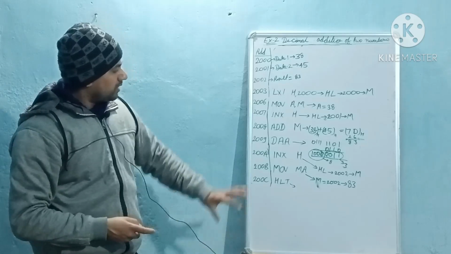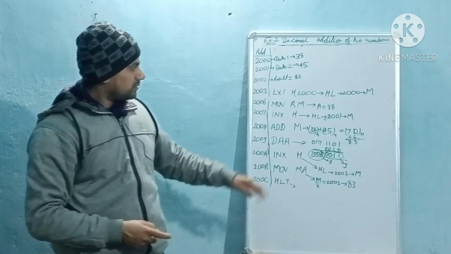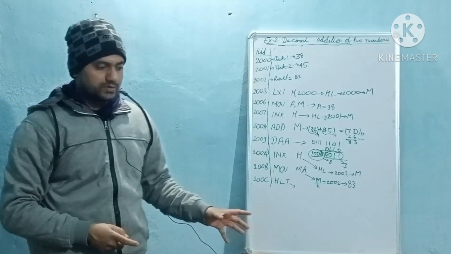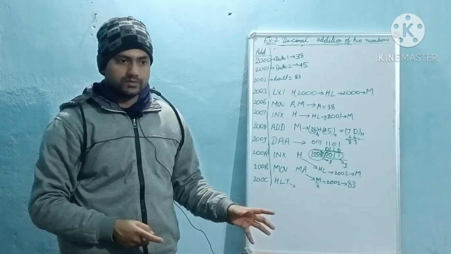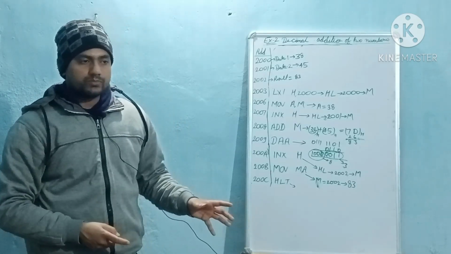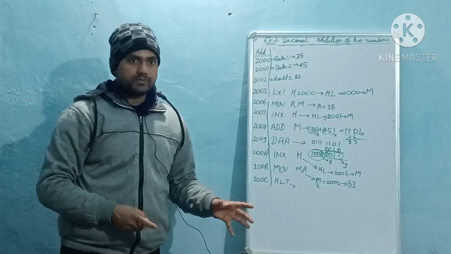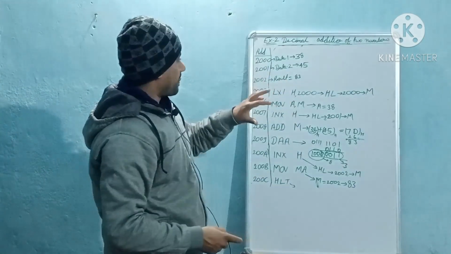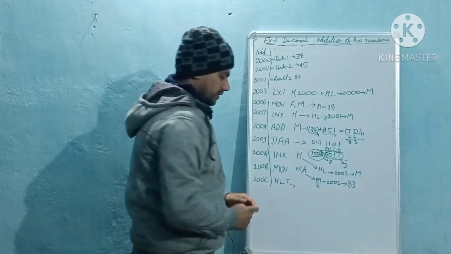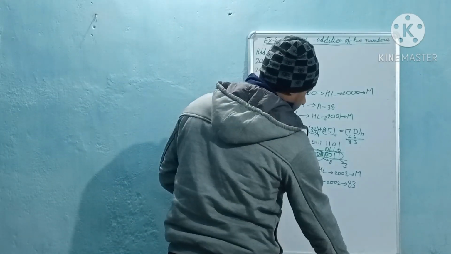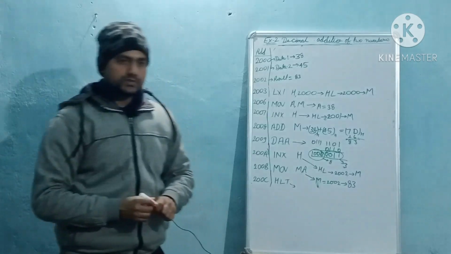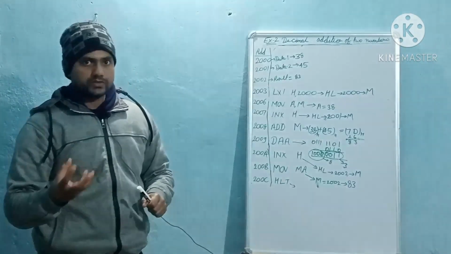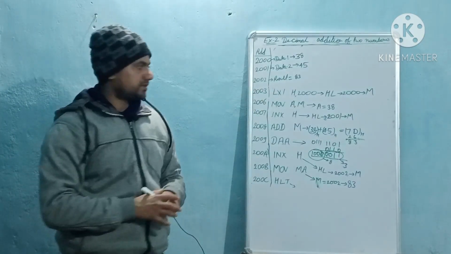So this is the assembly language program for decimal addition of two numbers in the 8085 microprocessor, the second experiment of the microprocessor lab, and now the corresponding hex codes. When programming the microprocessor in machine language, you need the hex codes of all these instructions.